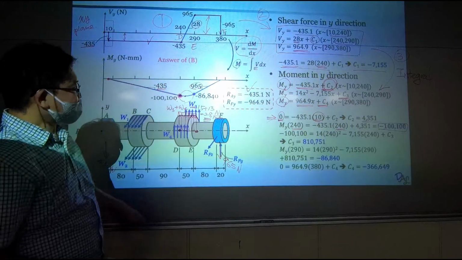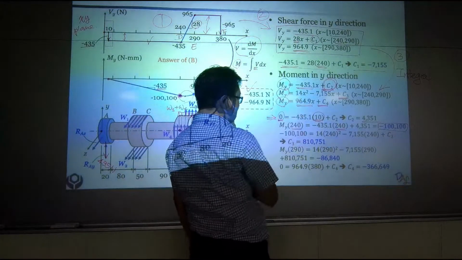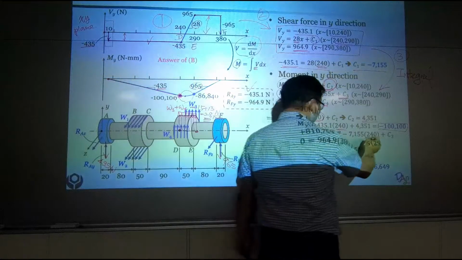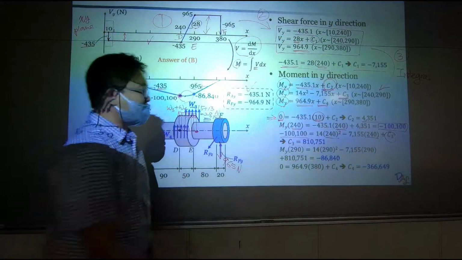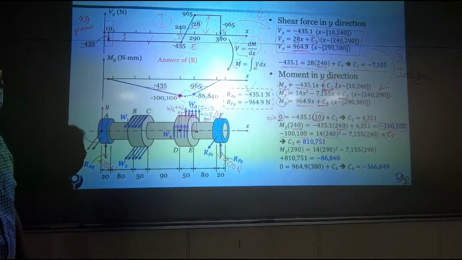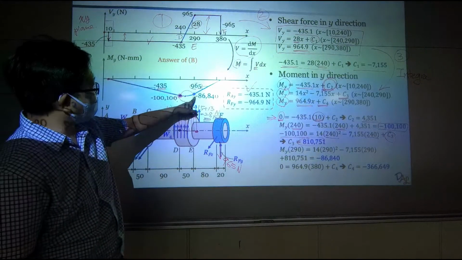And we can use it to plug in to the second equation. So in the second equation, right at the position of 240, and we have an unknown C3 right there, we can get C3.